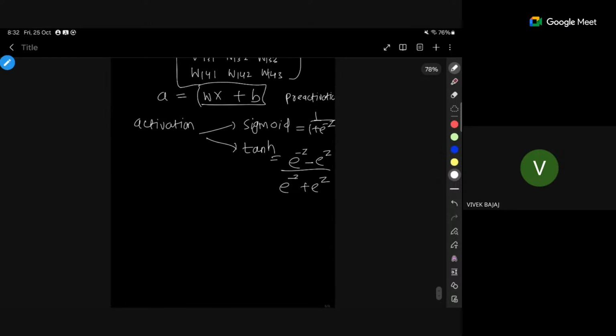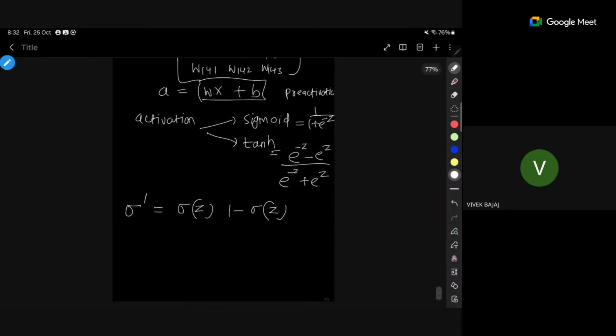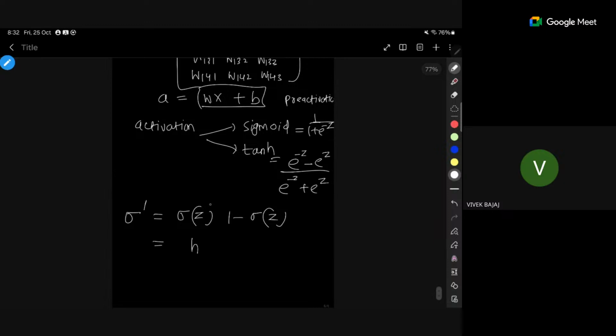If I take the derivative of sigmoid, it's simple to remember, so just remember it; you can derive it in your own time to see why it comes like that. The derivative, sigma dash, is going to be sigma z into 1 minus sigma z, or you can write h into 1 minus h.